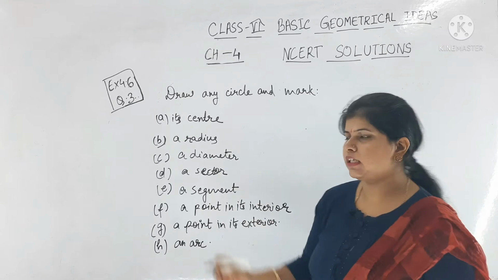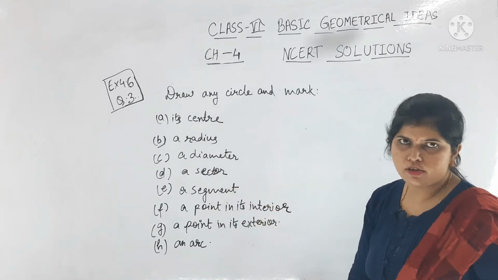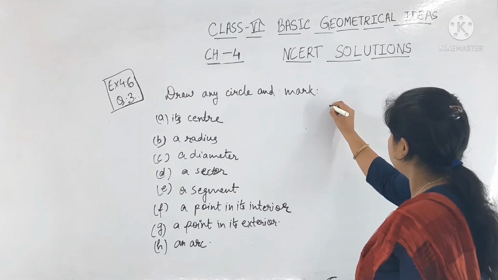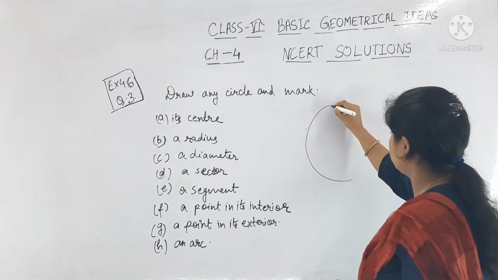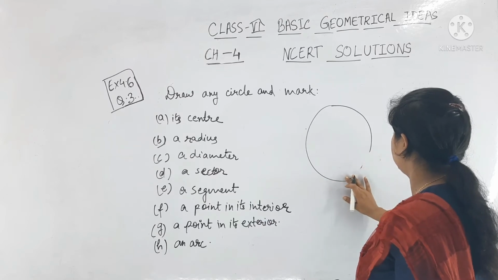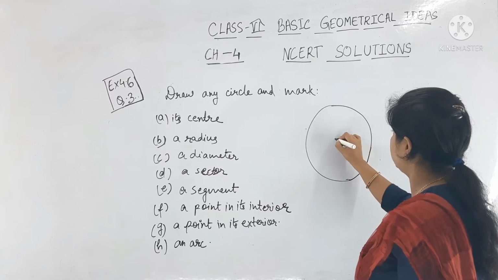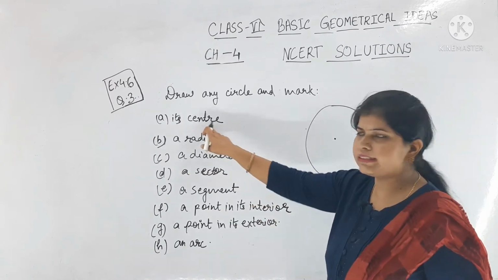Okay students, let's see question number 3. You have to draw any circle and mark these points. So you have to draw one circle like this. You have to mark its center.